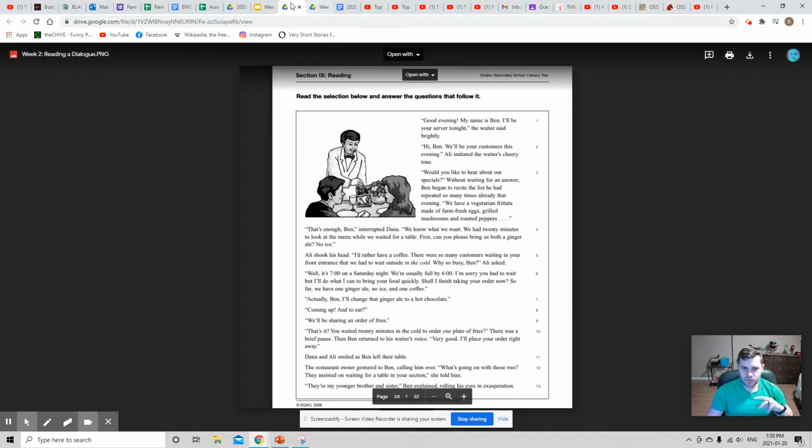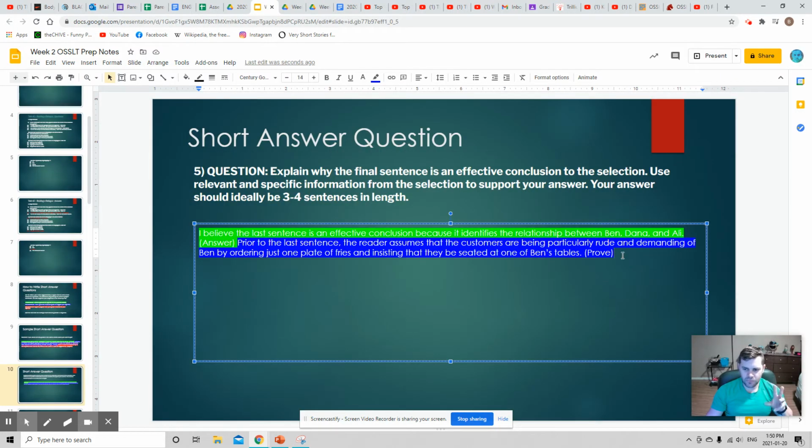Now my explanation is, I want to explain how this proof is related to the opinion. And my explanation is going to be in red.